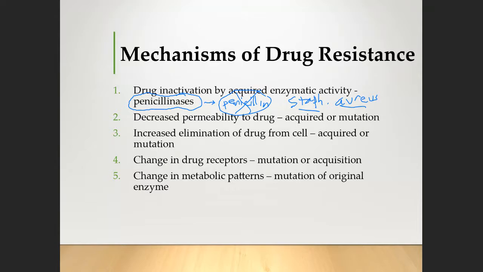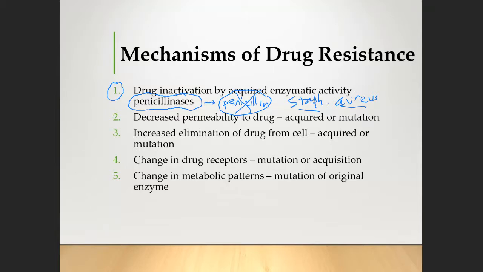So mostly penicillin will not be effective against Staphylococcus aureus. So this is the first process that may be happening in bacteria that have resistance against drugs.